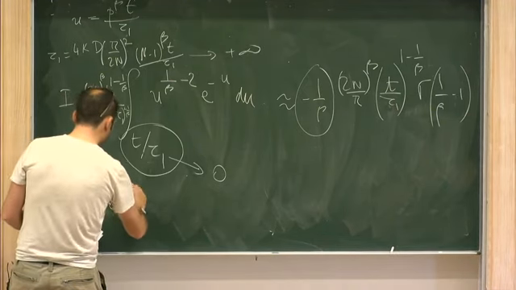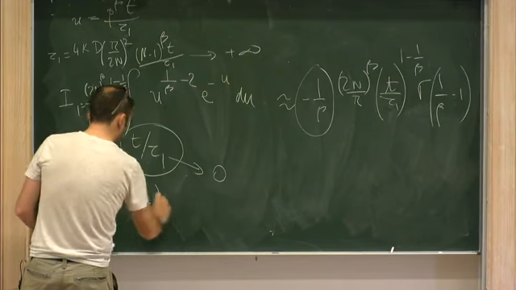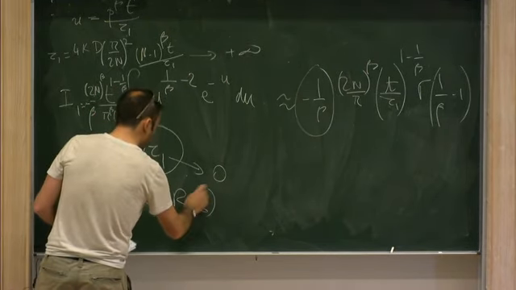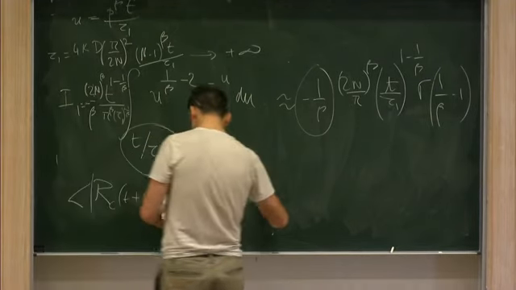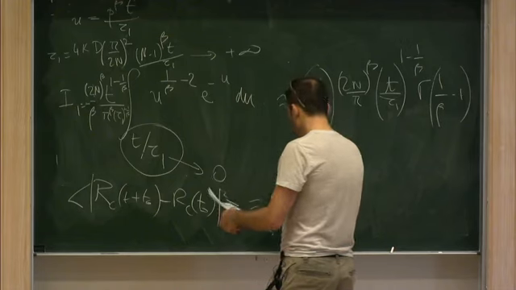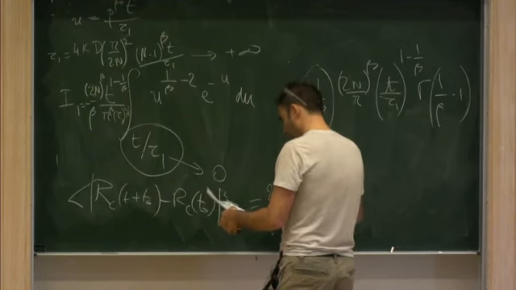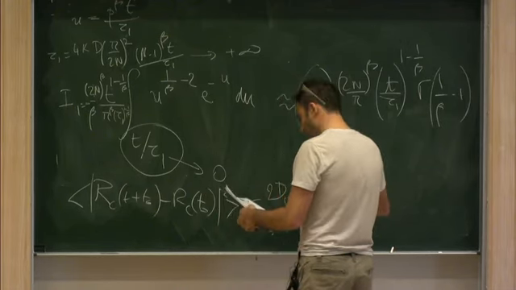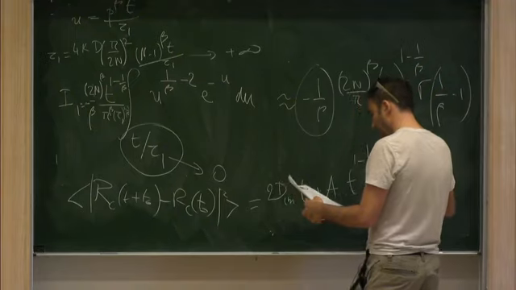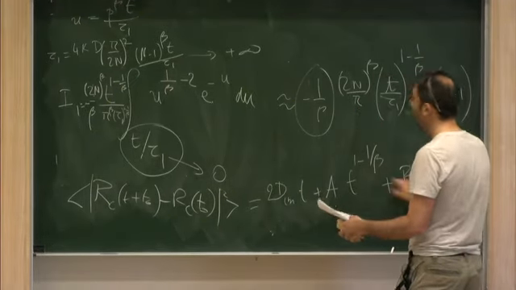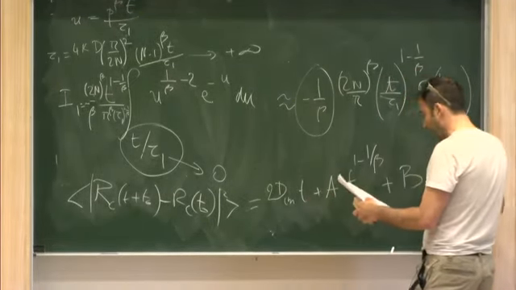So R_CT of t plus 0 minus R_CT of 0, you average this, make it squared, and this is of the order of 2d center of mass t plus a constant t to some power 1 divided by beta. And then there are other terms coming from the other elements that I haven't calculated.